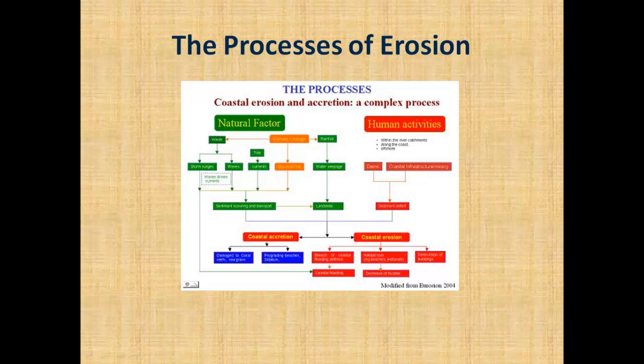Then you have tides and currents, which also take the material off the coastline. And you have something called water seepage, where the water gets into the material, which can cause a landslide, that's mass erosion.